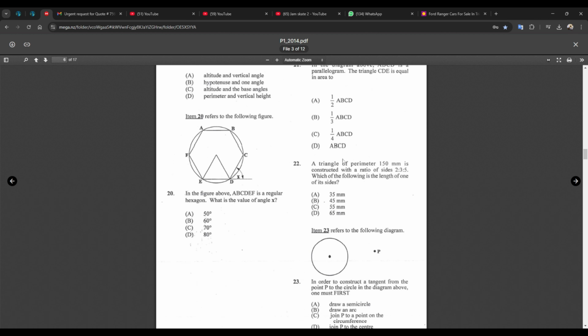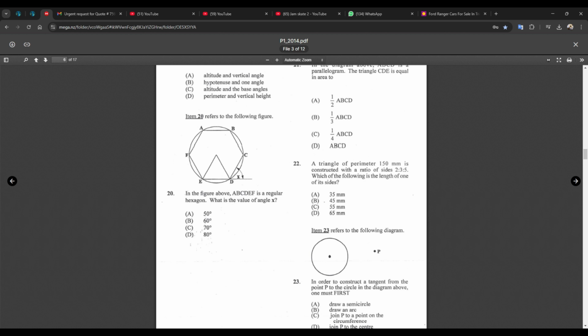Number 22, a triangle of perimeter 150 millimeters is constructed with a ratio of sides 2 to 3 to 5. Which of the following is the length of one of its sides? Right, so again, we have to add up the ratio. So 2 plus 3 is 5, plus 5 is 10.